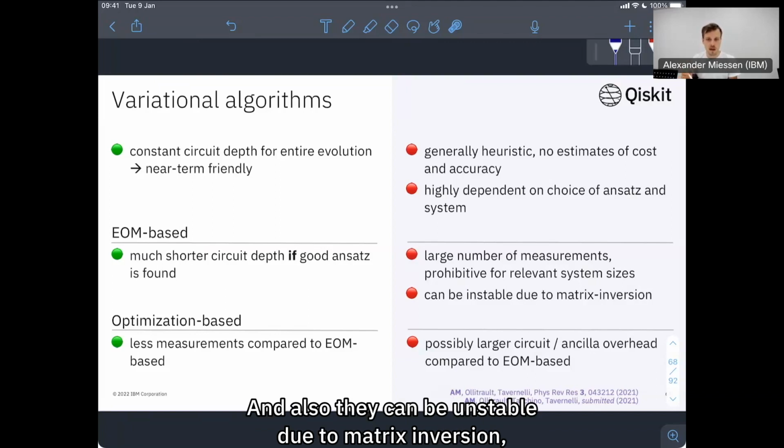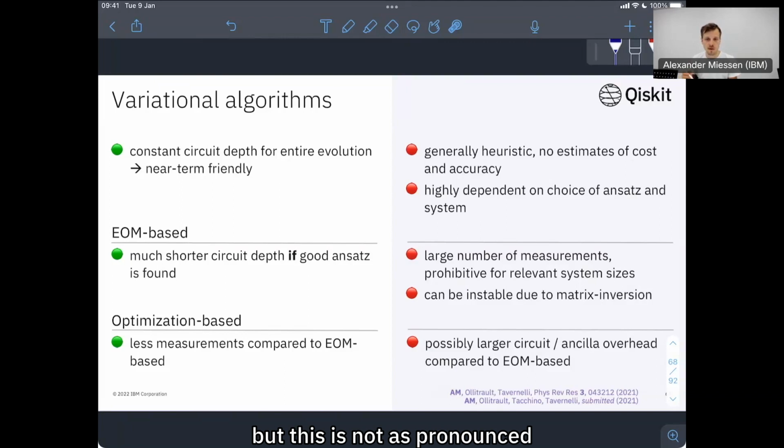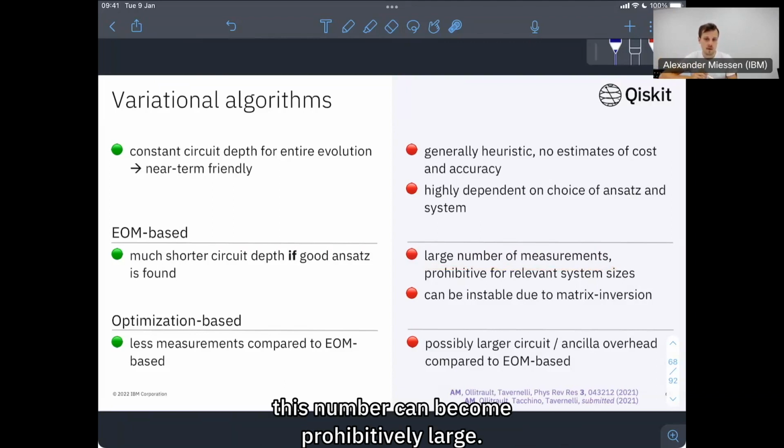And also they can be unstable due to matrix inversion, but this is not as pronounced as this number of measurement problem. With these optimization-based algorithms, the number of measurements is lower than in the EOM-based case, but still for some, this number can become prohibitively large.